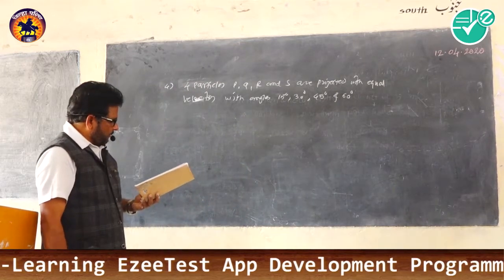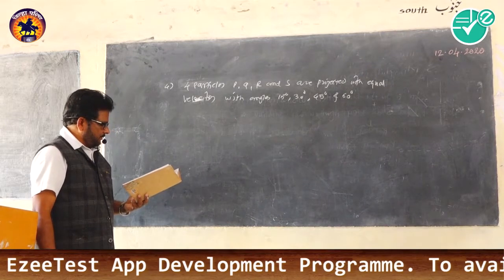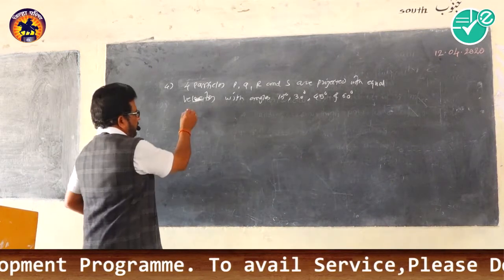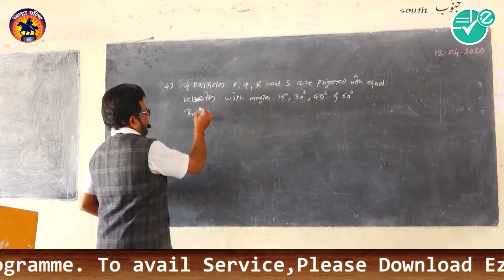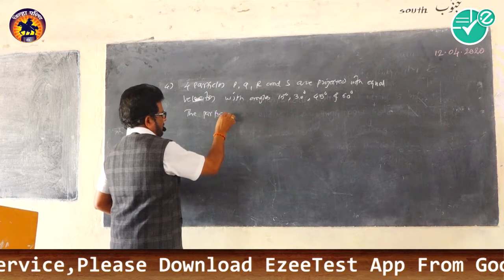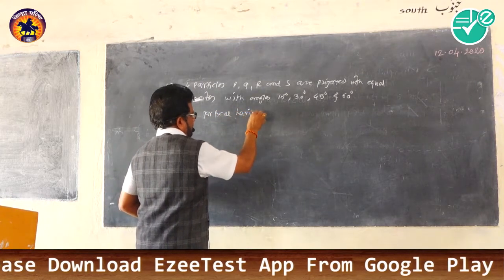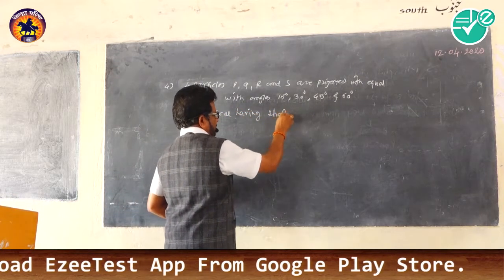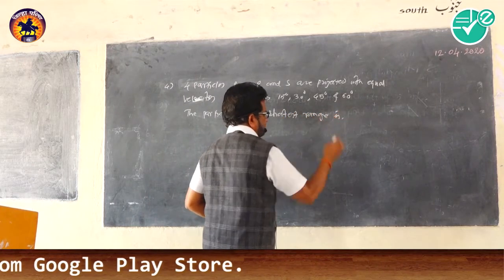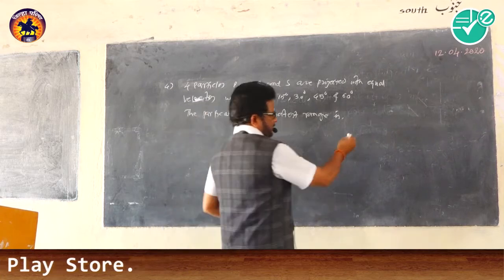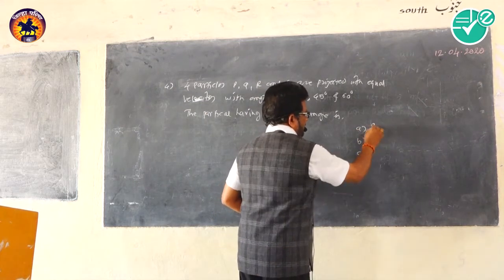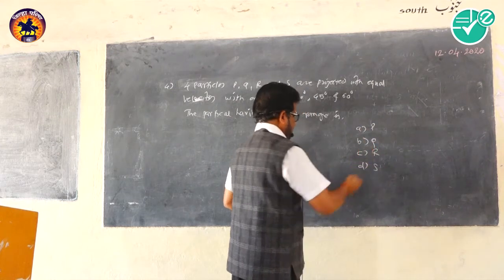The question is: the particle having the shortest range is, options A, B, C, D: P, Q, R and S.